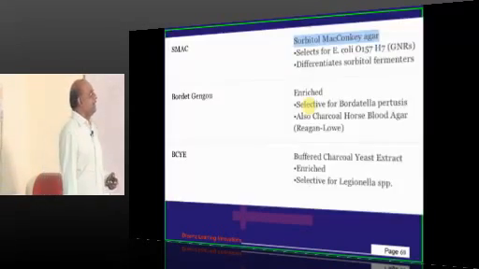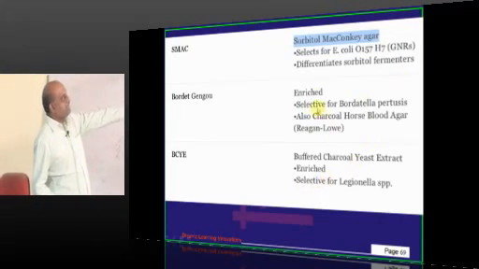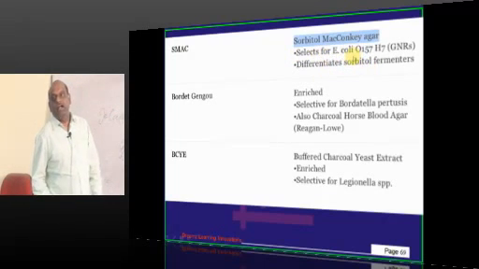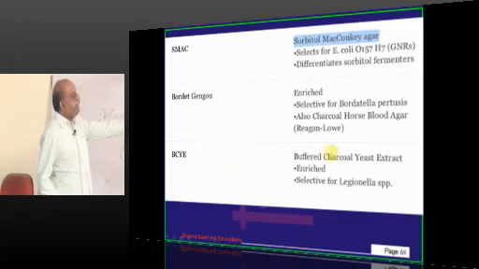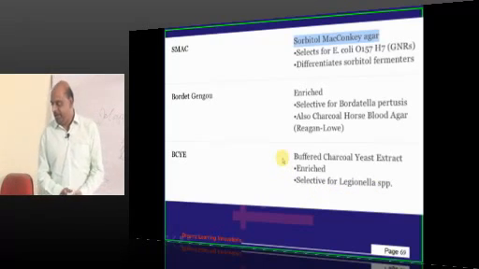Okay, doctor. So remember, Bordet-Gengou is an enriched medium for Bordetella pertussis. Sorbitol MacConkey differentiates and selects for E. coli. Buffered charcoal yeast extract agar is for Legionella, is what you need to basically remember.